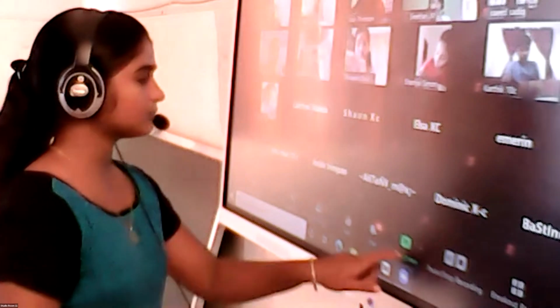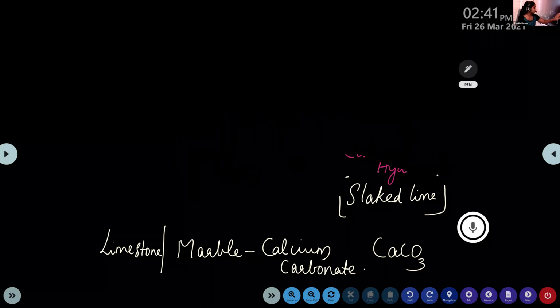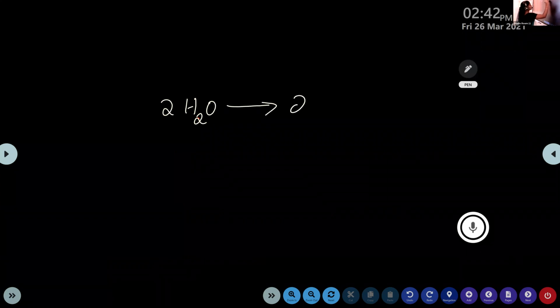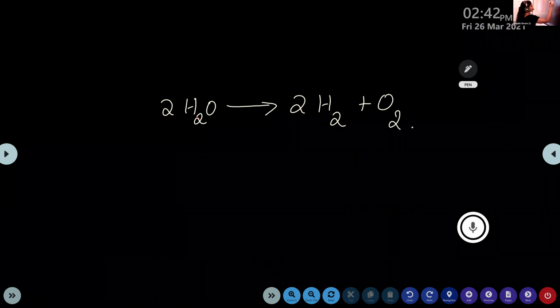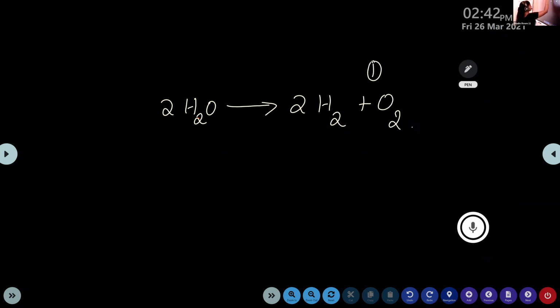Then why? Because on electrolysis of water, 2 hydrogen molecules are formed. 2 H2O on electrolysis gives 2 H2 plus O2. Here only 1 oxygen molecule, here it is 2. So the ratio is 2:1.